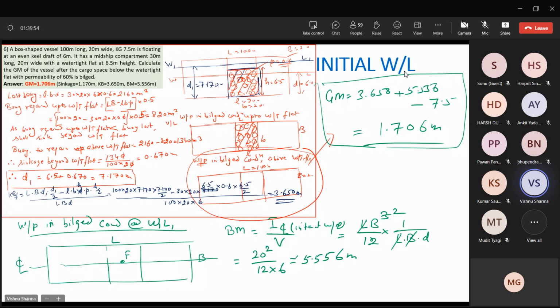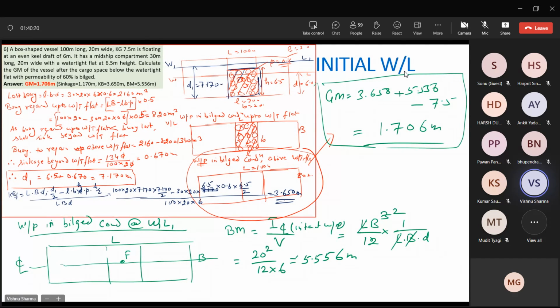I never emphasized that we are only restricting ourselves to bilging of the midship compartment. So this should not put a wrong impression in your heads that GM calculation pertains only to bilging of midship compartment.